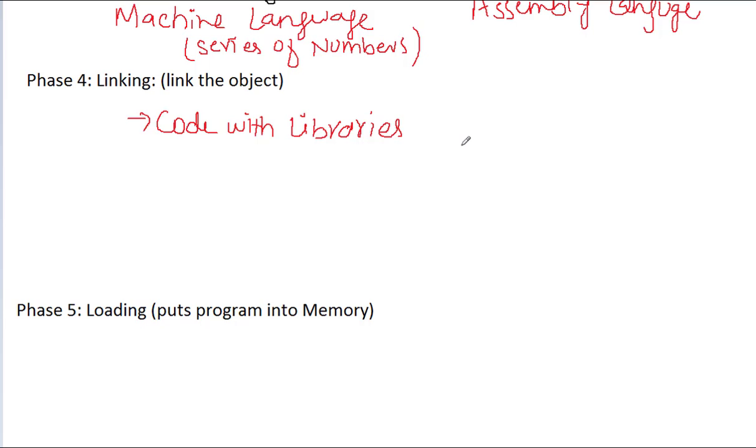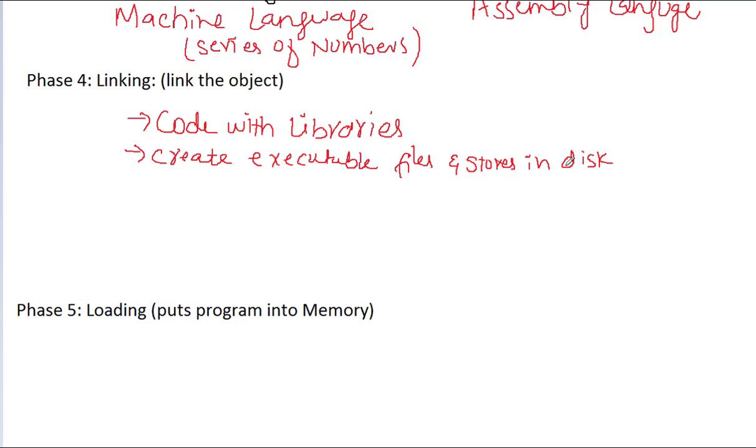The code is linked with the libraries. This is the linking process, and it creates executable files and stores them on disk, right? This is the linking process.